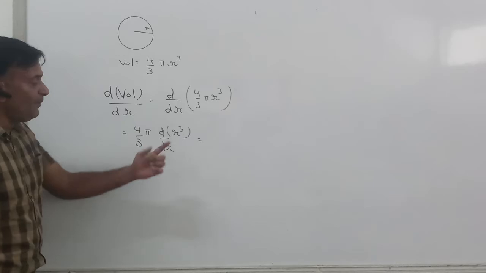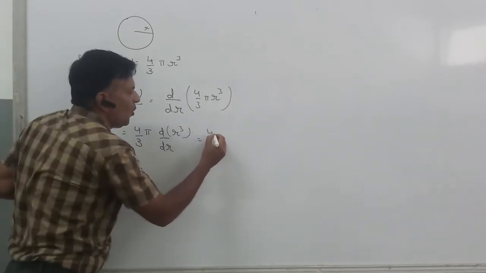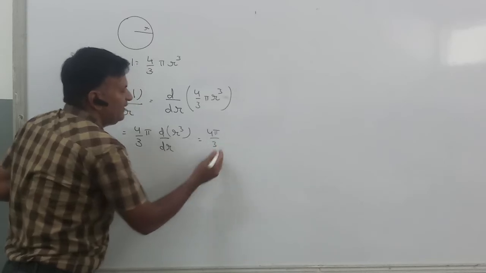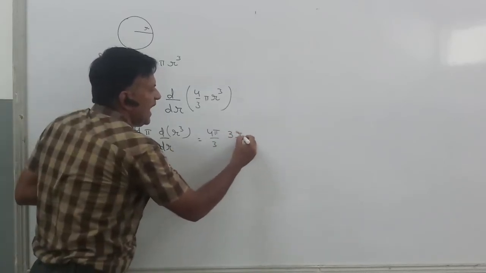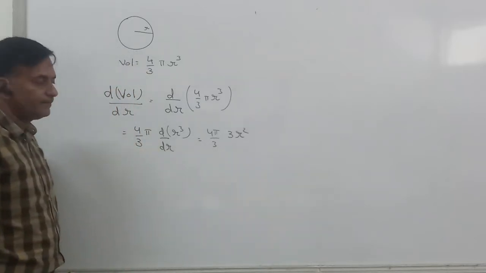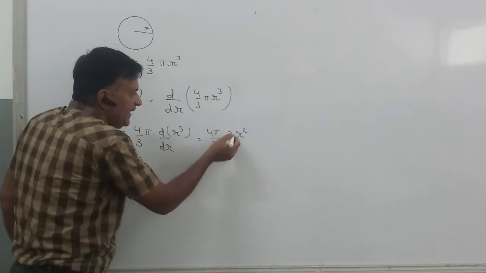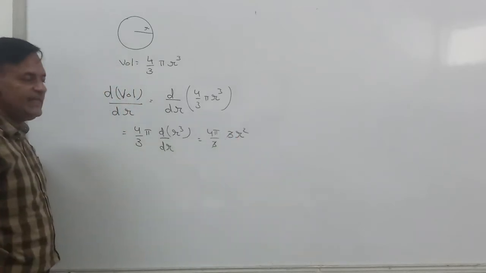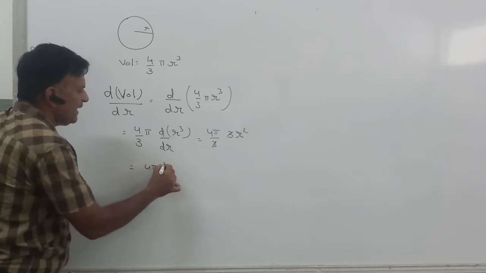You know the rule for x to the power n, apply that rule. Constants are written as it is, 4 pi by 3, and the differentiation of this is 3 r square. Got it? So 3 cancels out. What remains is 4 pi r square.